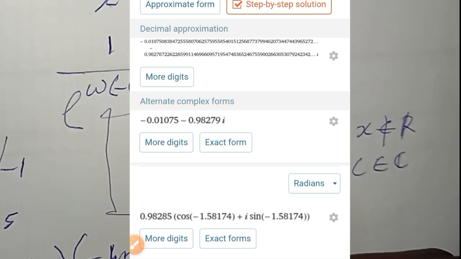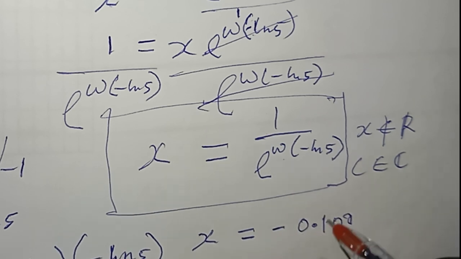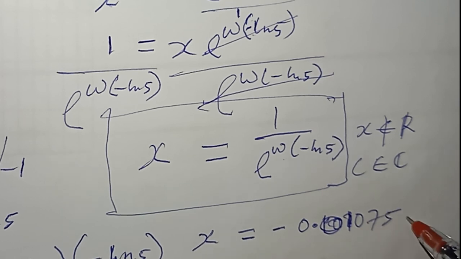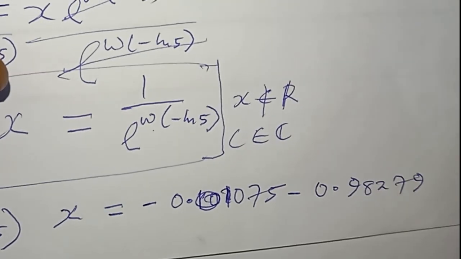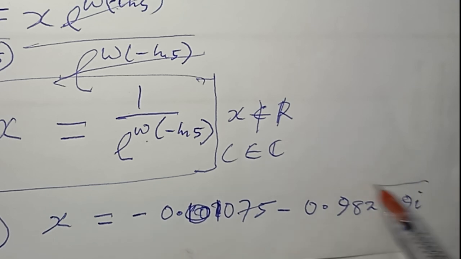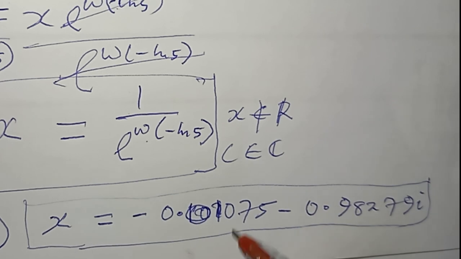Coming back here, our x is now equal to negative 0.01075 minus 0.98279 i. Okay, so this is the value of x right there. So it's a complex number, and this is the real part, and this is the imaginary part.